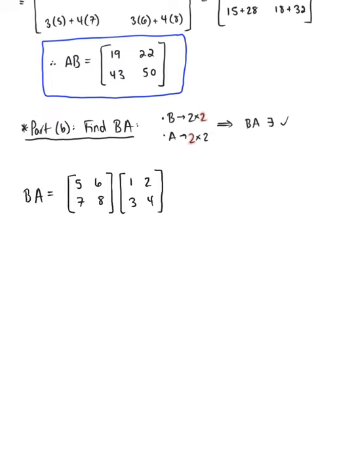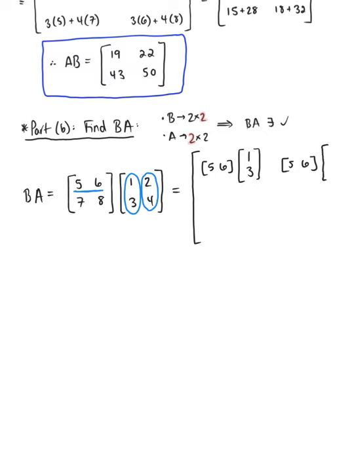So we want to take the first row of matrix B and multiply it by the first column of matrix A, and then take the first row of matrix B and multiply it by the second column of matrix A. Writing this out, we have the first row of matrix B, which is 5, 6, multiplied by the first column of matrix A, 1, 3. And again, the first row of matrix B, 5, 6, multiplied by the second column of matrix A, 2, 4.